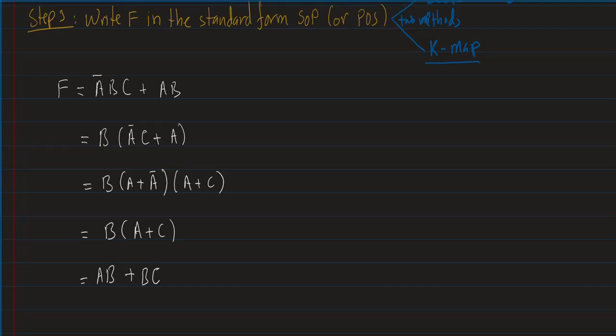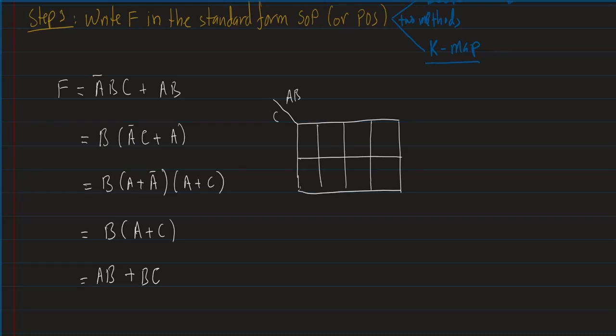Let's do it using K-map as well. So using K-map, I have A and B in here, and C in here. And then this should be coded using the Gray code.